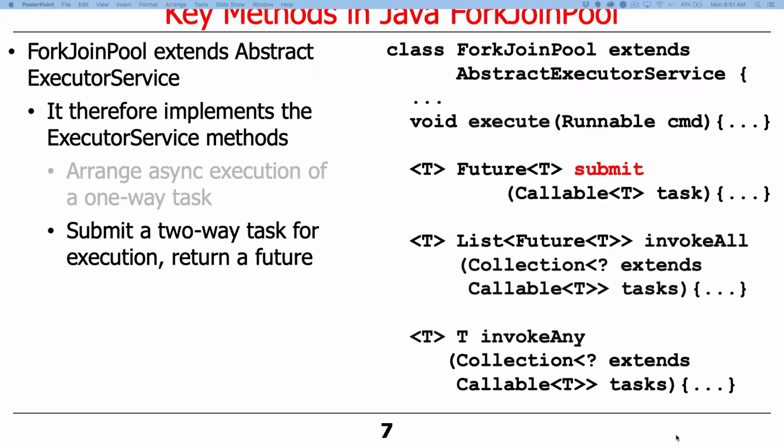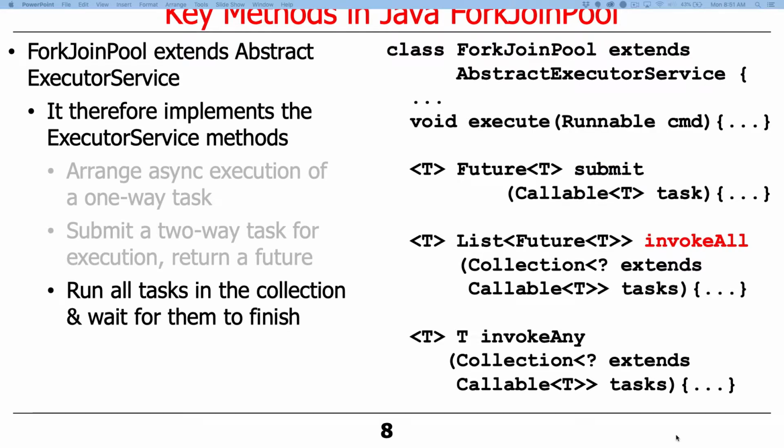The submit method, in contrast, submits a two-way task for execution and will return a Future. So you can give it a two-way task that will run in a background thread in the ForkJoinPool, and when that thread is done, the Future will be triggered and you can get the result from the Future. The other couple of methods here are done on collections.